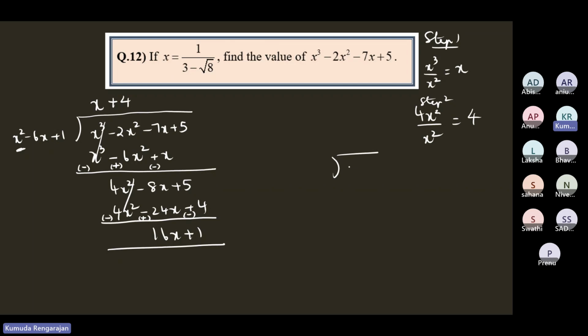Supposing you're dividing some big number by, say, 175, and you keep dividing and you get the remainder as 32. You stop the division because the remainder has gone less than the divisor.